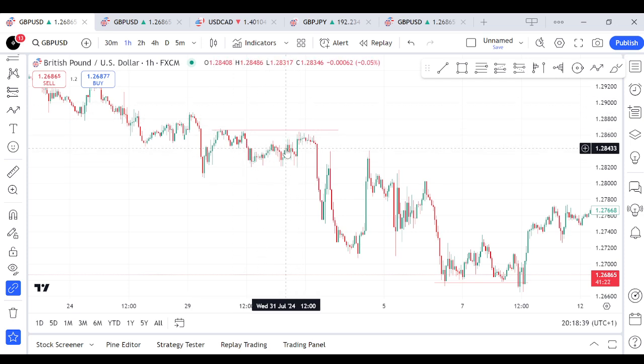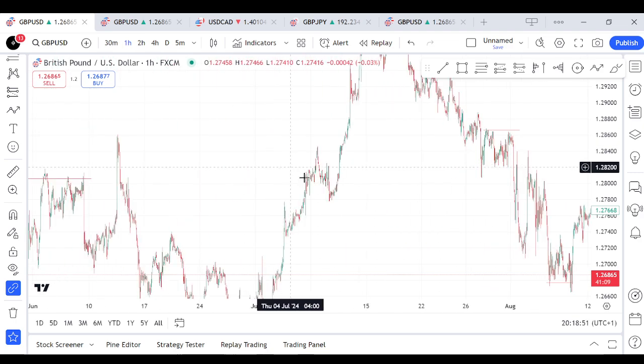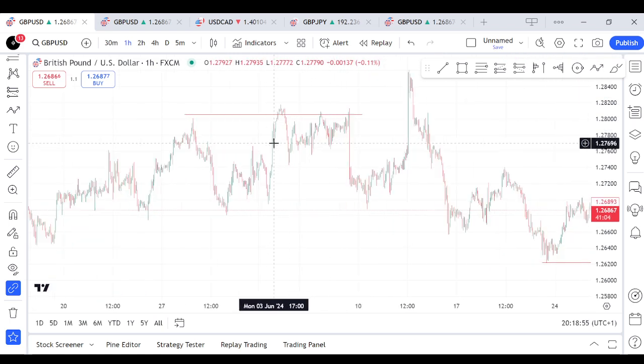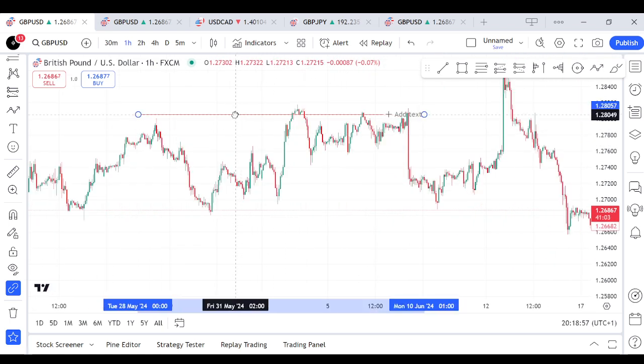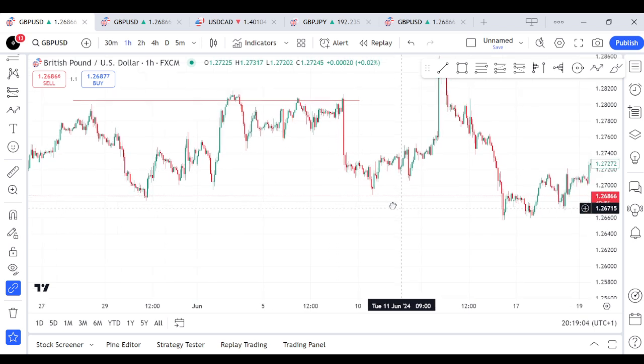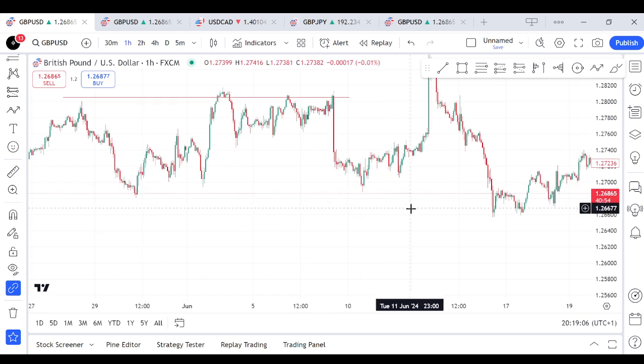Horizontal levels are the most basic form of support and resistance. These are price points where the market has previously reversed direction, and they are easy to identify on the chart and can provide clear entry and exit points. So this is another one. This is a good resistance zone right here. While horizontal levels are fundamental, their effectiveness can diminish if they are tested multiple times.